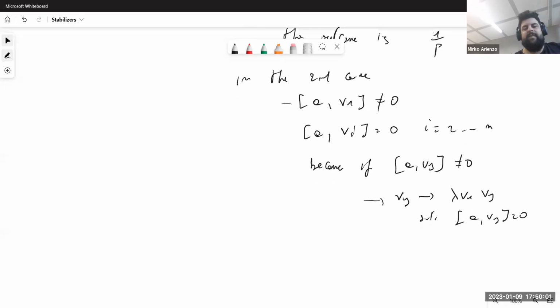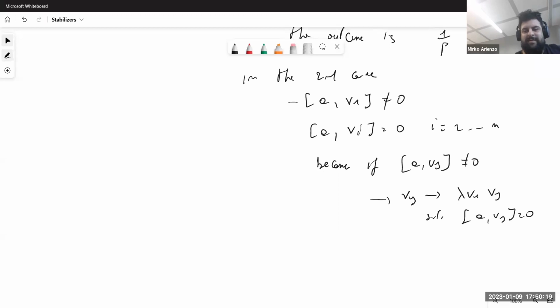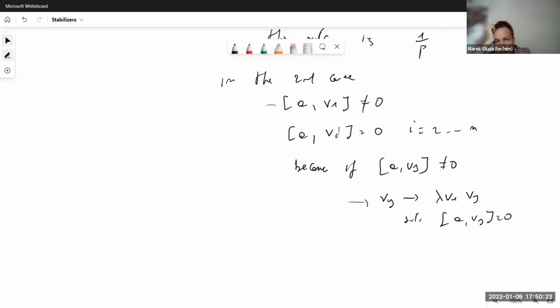Wait, you're multiplying the vectors now, or what is this λV_1 V_j? Sorry, yeah, right, it's a plus.